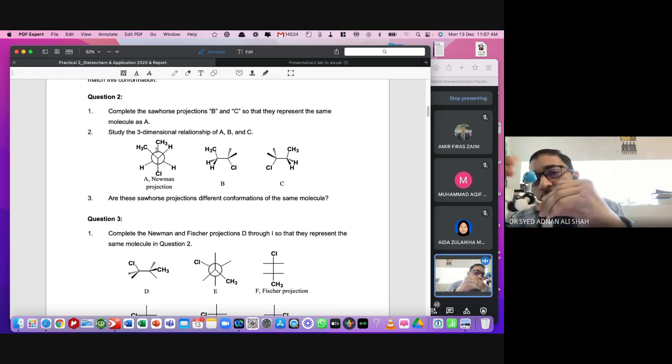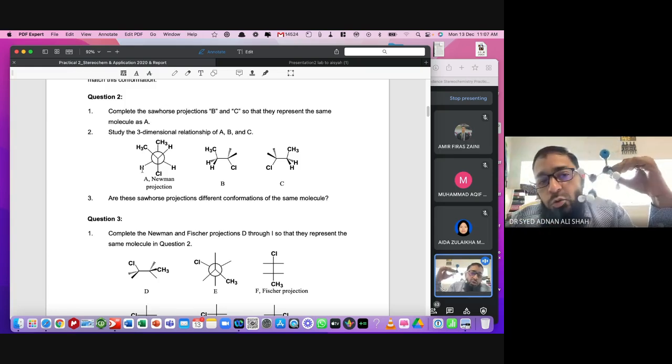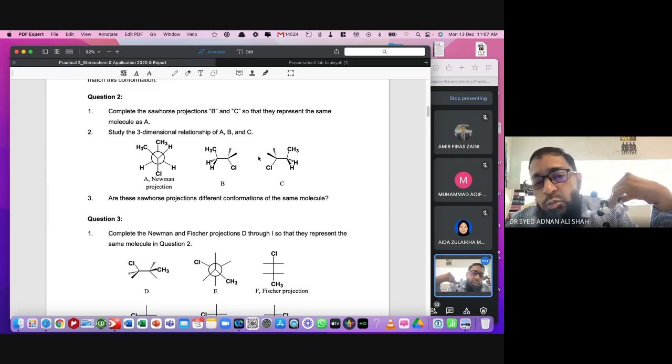This is chloride, and this one is the CH2CH3, and this one is the methyl, 1, 2, 3, R configuration. So all of these molecules have the R configuration, but these are different projections. This molecule has different projections in the Newman projection and the Sawhorse, and this other one is also the Sawhorse projection.